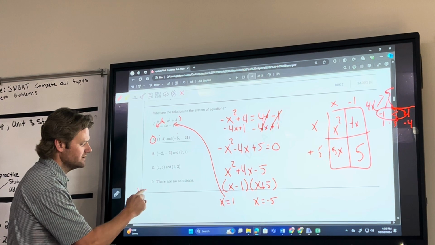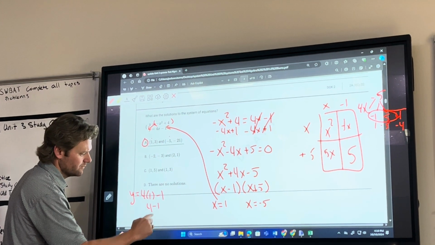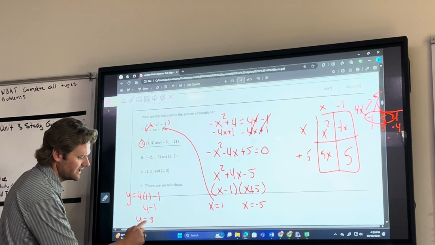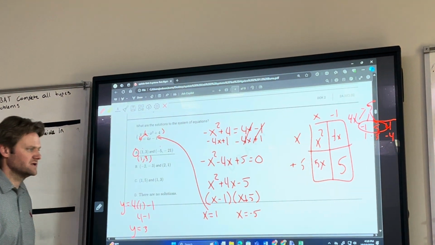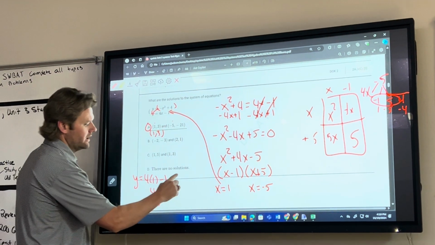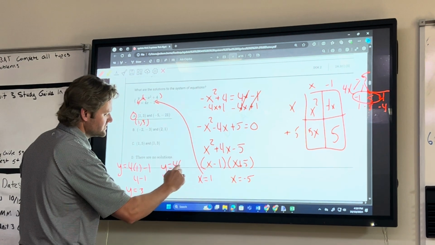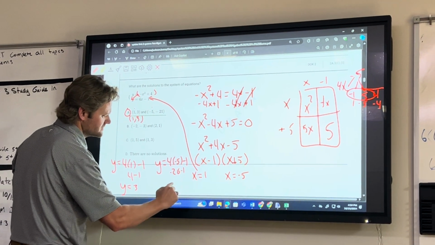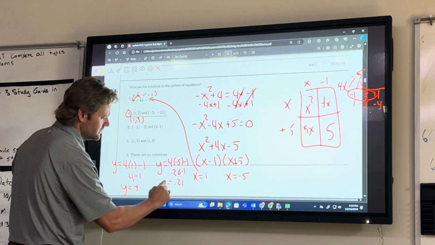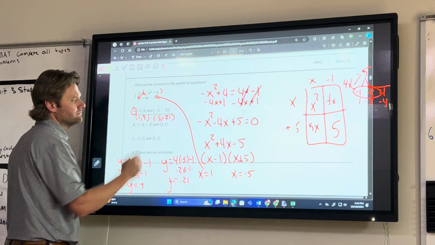So I get y equals 4 times 1 minus 1. 4 minus 1 is 3. So when x is 1, my y is 3. So 1 comma 3 is one of my solutions. When my x is negative 5, I get 4 times negative 5 minus 1, so negative 20 minus 1 is negative 21. So my other solution is negative 5 comma negative 21.